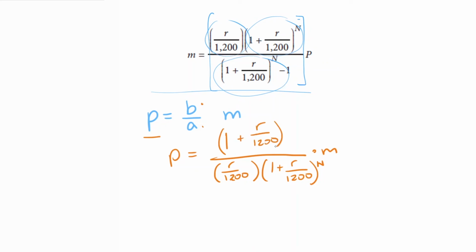So that's going to end up on the top, which gives us P by itself with the rest of the variables R, N, and M on the other side, thus giving us P in terms of R, N, and M.